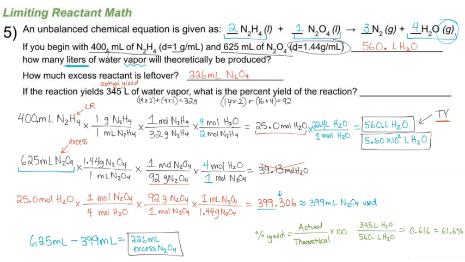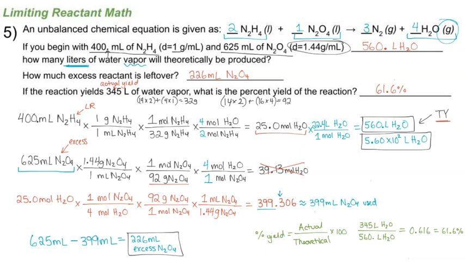And since we have three sig figs here, we'll leave it as 61.6, but more often than not, you will actually see percent yields rounded to a whole number. But in this case, I'll go ahead and leave it as 61.6%, since both of our values had three significant figures. And that is everything. We've filled in all our blanks.